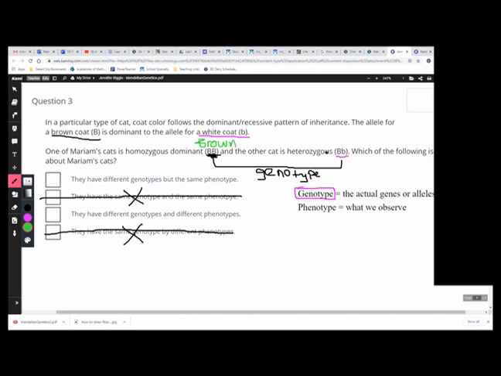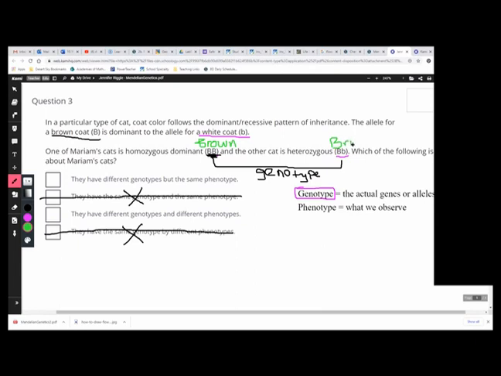Now our other cat, it has a capital B and a lowercase b. What color do you think it's going to be? Brown. Perfect. Why do you think it's probably brown? You are exactly correct. Because the dominant is going to mask over the recessive. Perfect. So both cats are brown.